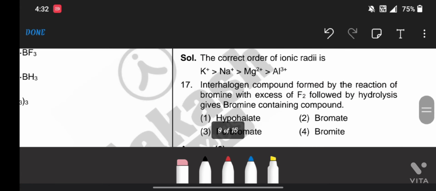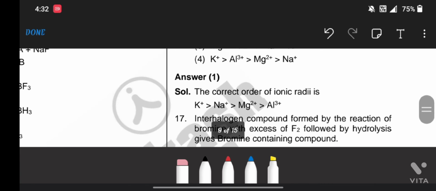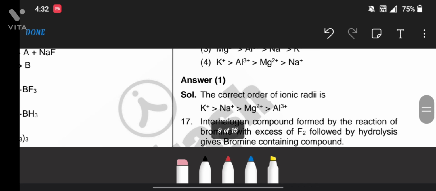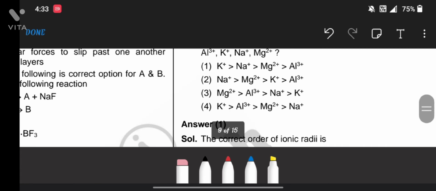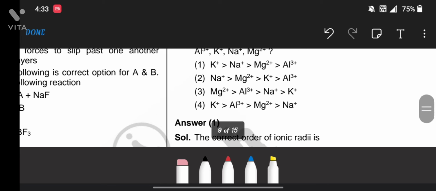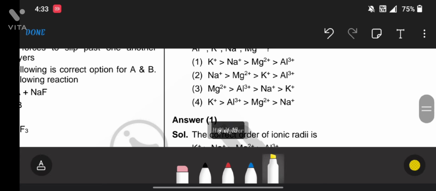So the correct order of ionic radii is potassium greater than sodium, sodium greater than magnesium, magnesium greater than aluminum. Option A is the correct answer for question number 16.